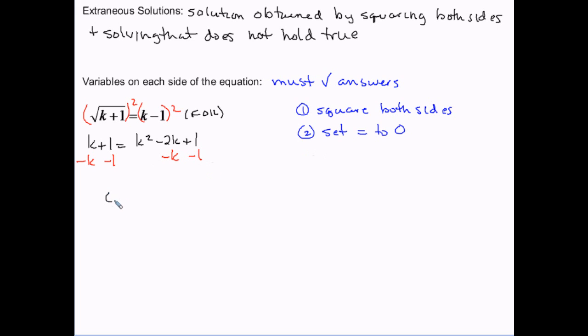So I'm going to get 0 is equal to k squared minus 3k, and the plus 1 and the minus 1 are going to cancel in this particular problem. And then the next thing I'm going to do is factor, complete the square, or use the quadratic formula.